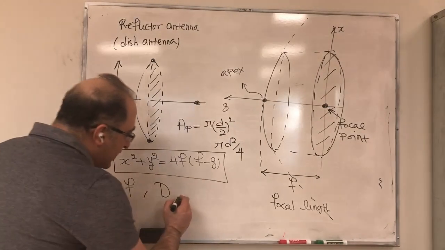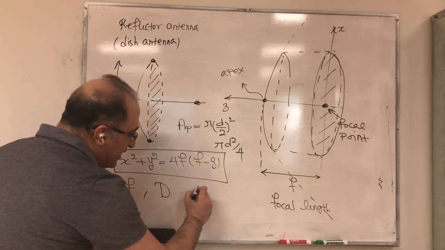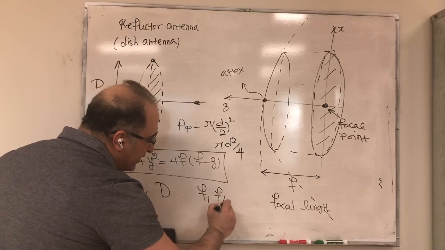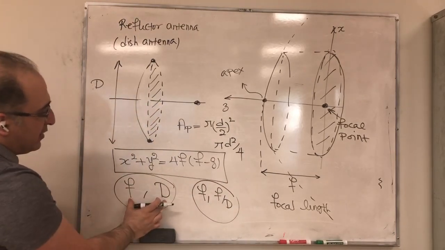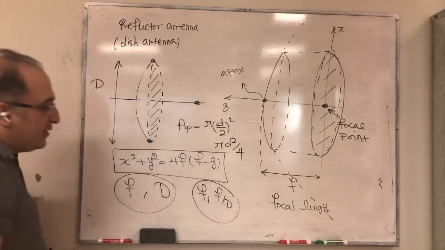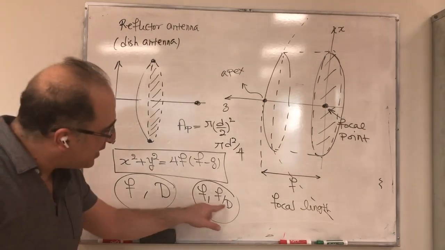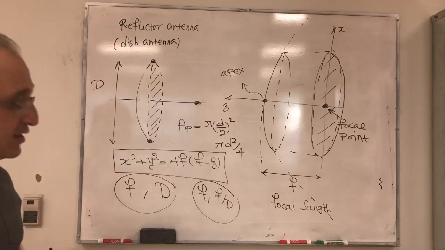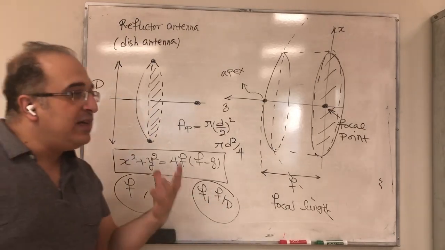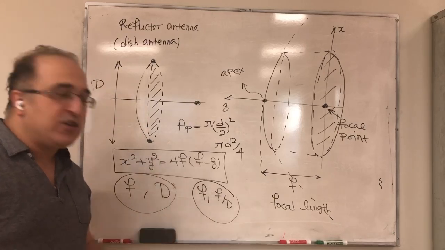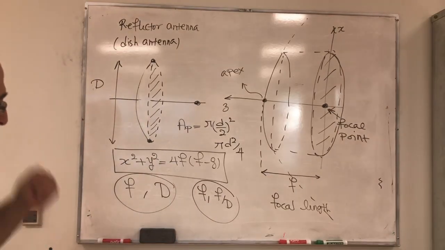Usually in antenna engineering, we say we need f and f divided by D, which is the same thing. Either if I give you these two or these two, it is the same thing. But the nice thing about f divided by D, which is called the focal length to diameter ratio, is that it gives you insight about the curvature of the paraboloid.